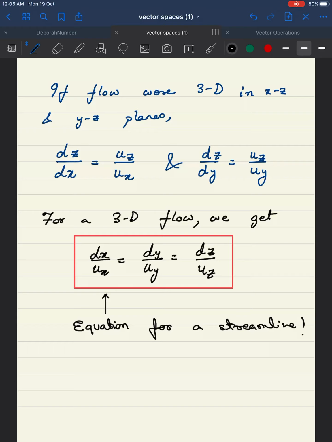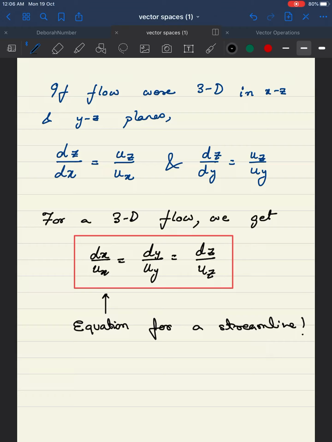In fact, you can create slightly more complicated geometrical, how should I put it? Well, you can create what is known as a stream tube, right?